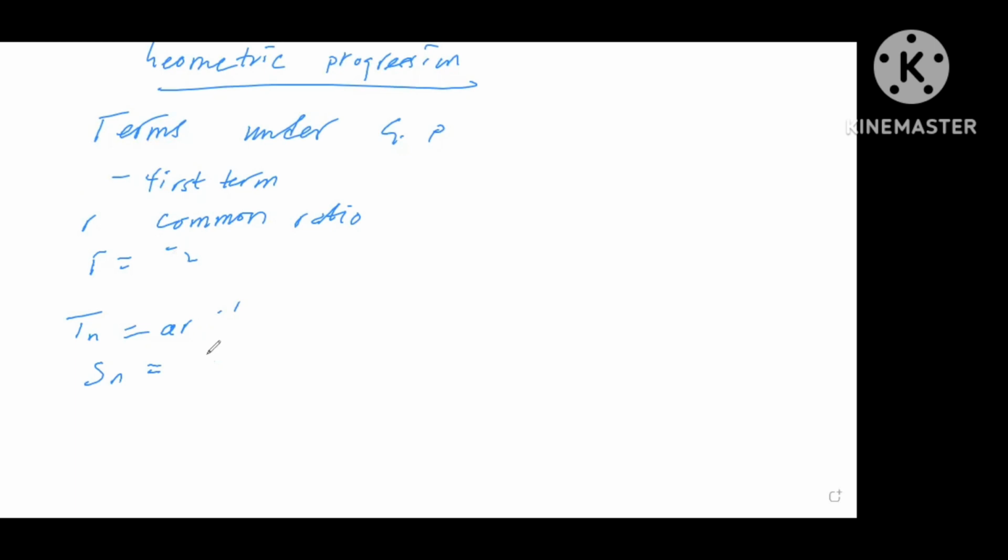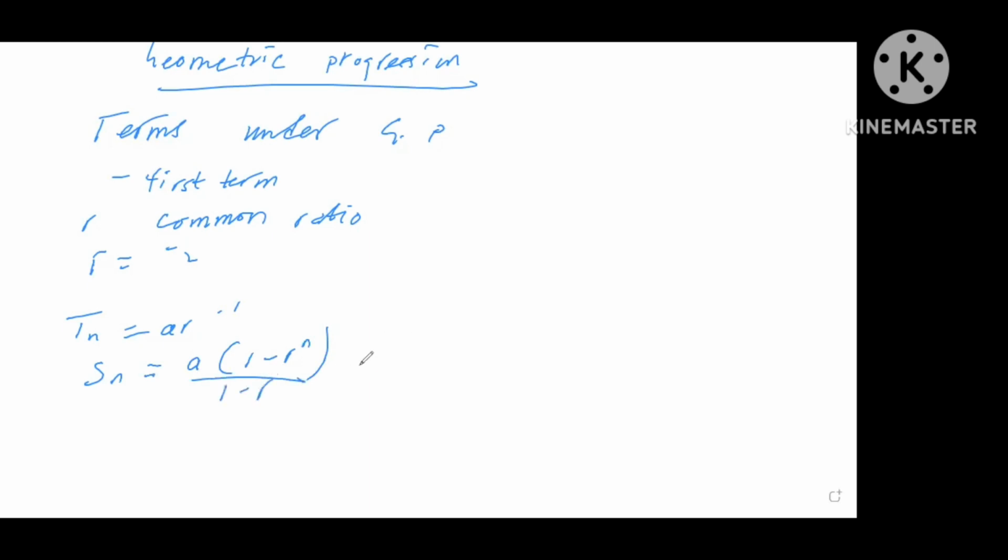So Sn is given by A, then in the brackets 1 minus r to the power n, over 1 minus r.